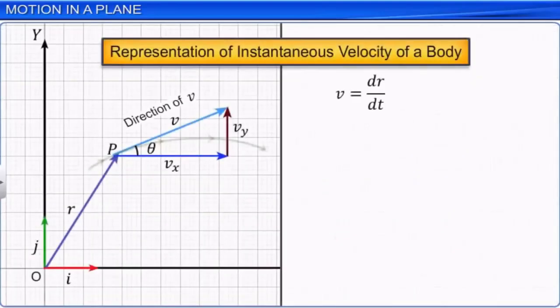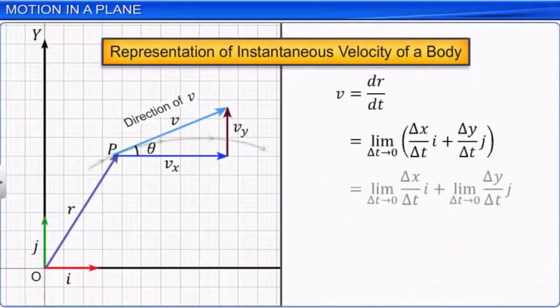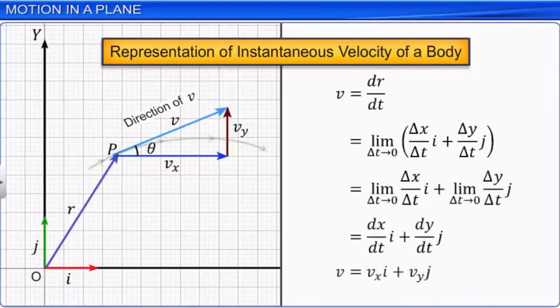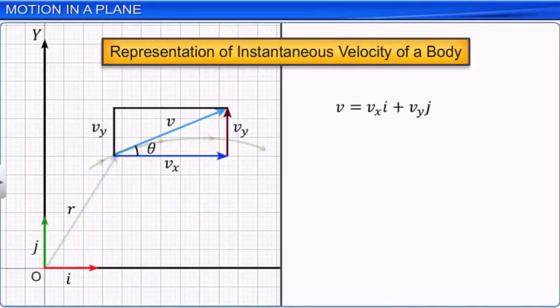Using the resolved parts of magnitudes of v in the x and y direction, that is, vx and vy, we can write v equals the square root of vx square plus vy square, and tan theta equals vy by vx, and theta equals tan inverse vy by vx.